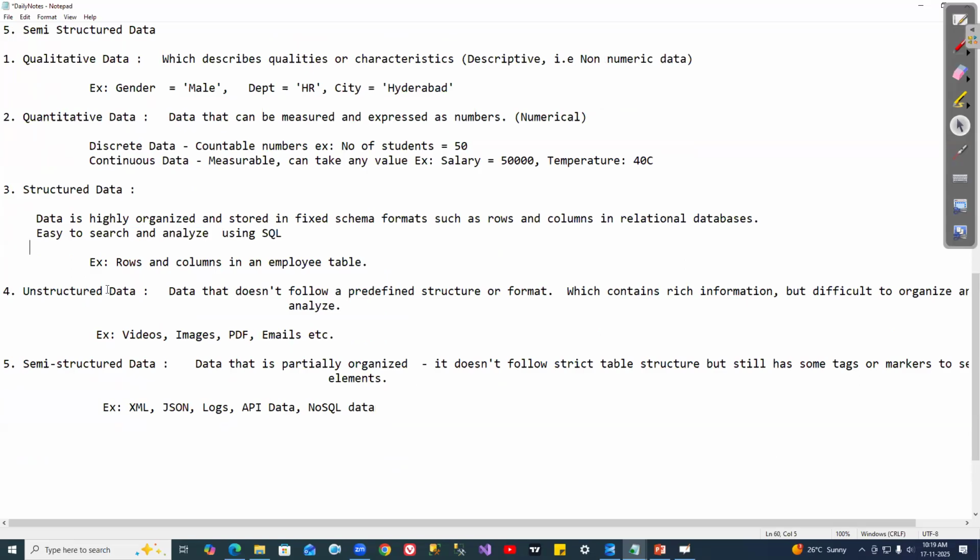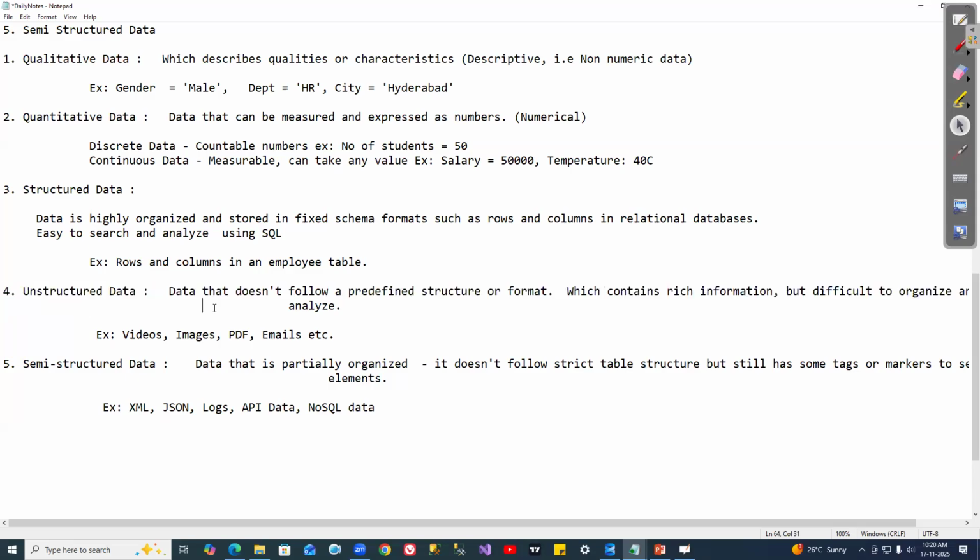And we also have unstructured data: data that doesn't follow a predefined structure or format, which contains rich information but is difficult to organize and analyze. Videos, images, PDF files, emails, and document types come under unstructured data.